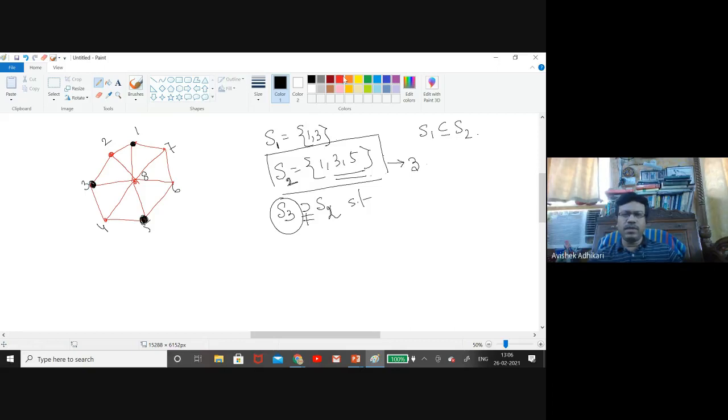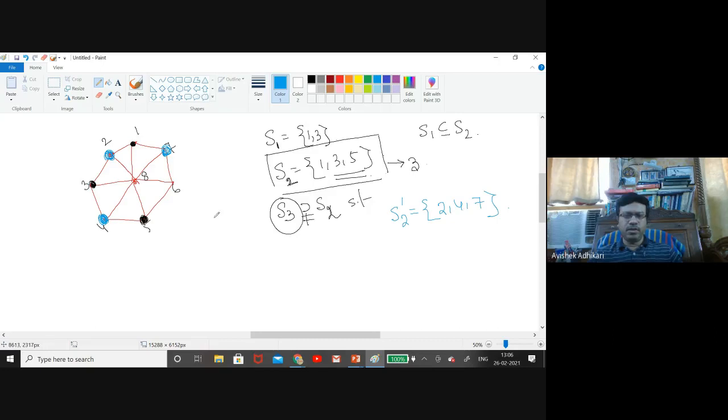You could have also taken this vertex, this vertex, this vertex. That means you can consider maybe S2 dash equal to 2, 4, 7. But again, you cannot take any extra vertex here while keeping the property that there will not be any edge among these vertices.